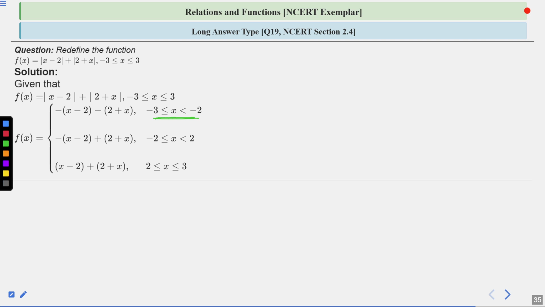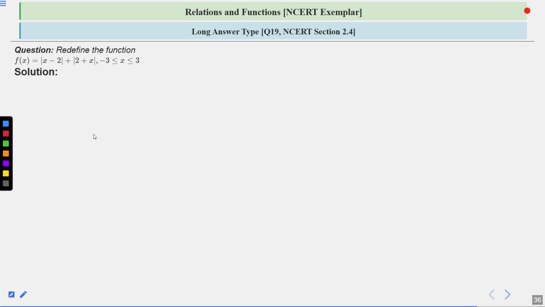For these values of x, this is going to be minus of x minus 2, and this term is going to be minus of 2 plus x. For x greater than or equal to -2 and less than 2, f(x) is going to be minus of x minus 2 plus 2 plus x. And for x greater than or equal to 2 and less than or equal to 3, f(x) is x minus 2 plus 2 plus x.